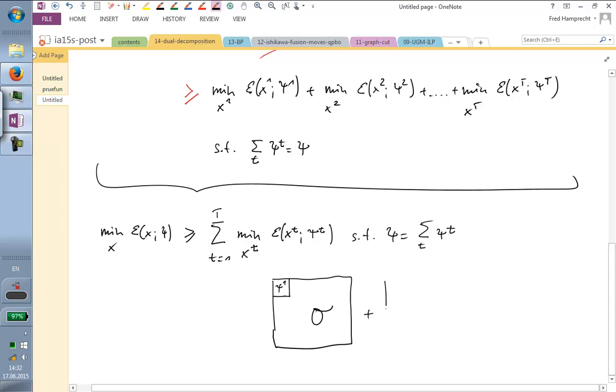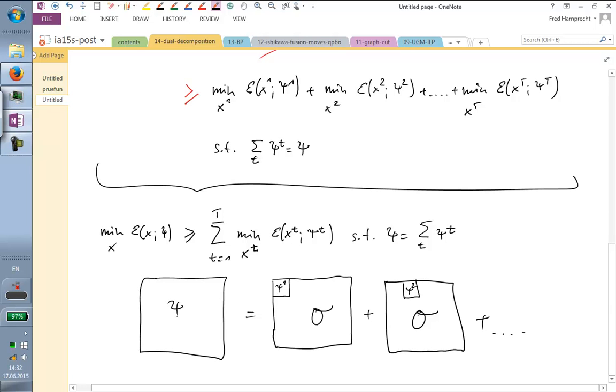And for the next problem, I only take those potentials from the original problem and set the rest to 0, and so on, provided that altogether they sum up to my original potentials.